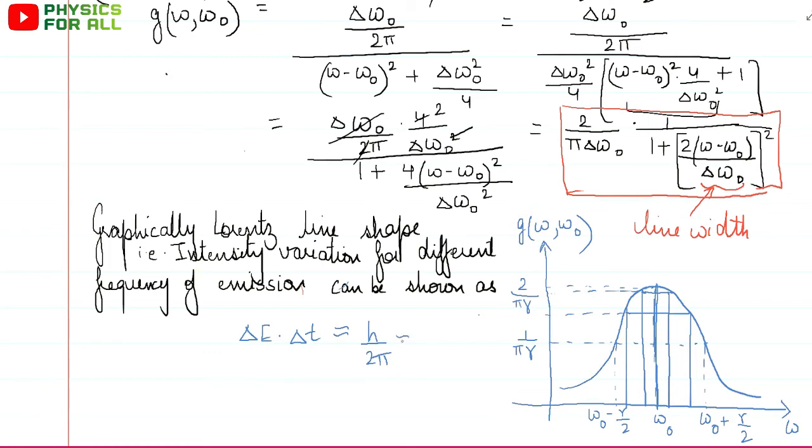We also mention this as h cut, because h upon 2 pi is h cut. Just remember this. So we can explain this whole phenomenon on the basis of quantum theory by using Heisenberg's uncertainty principle.